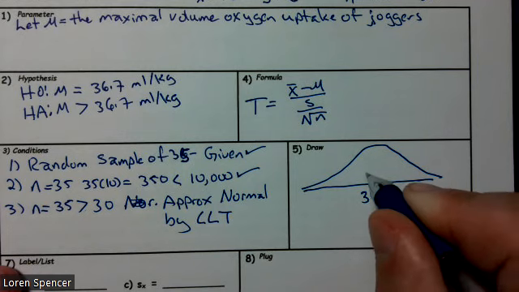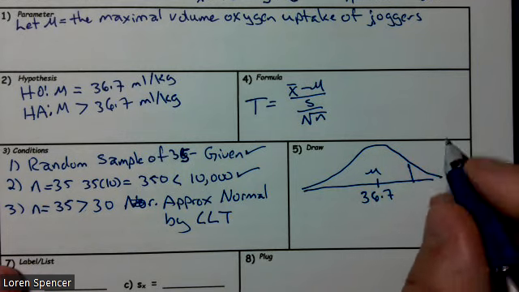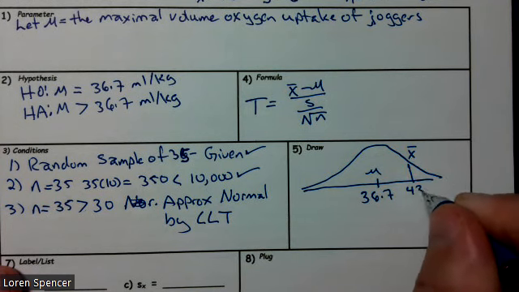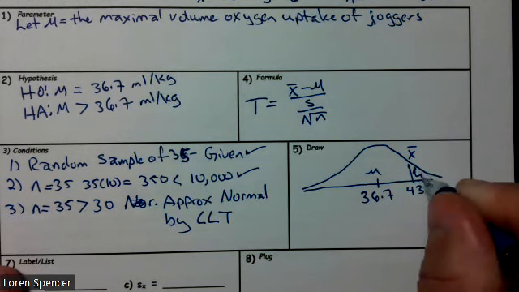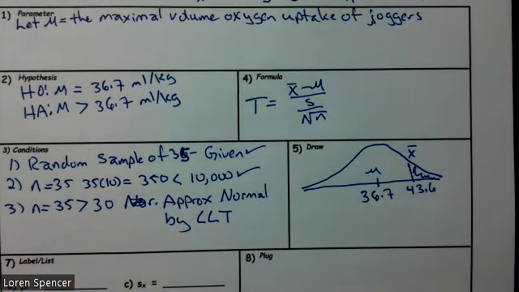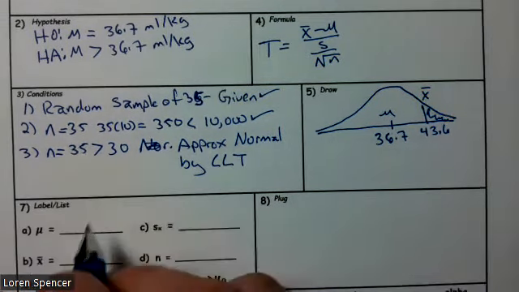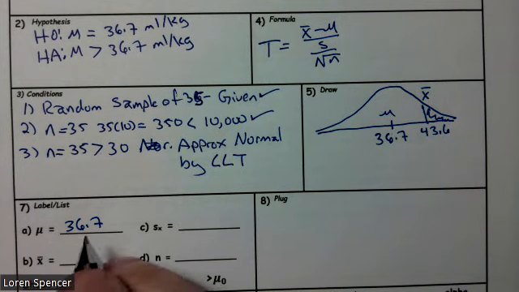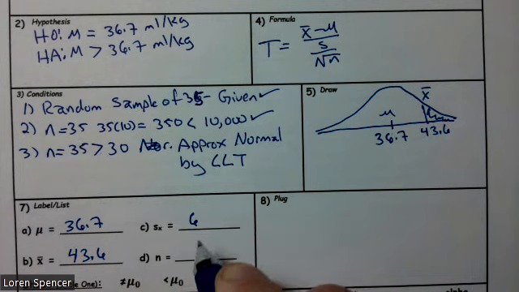But we have our joggers sitting here at 43.6. So there we go. So our mean was 36.7. Our x bar is 43.6.